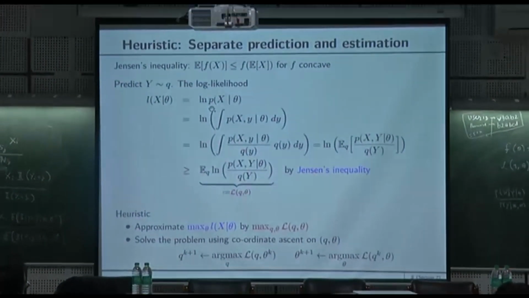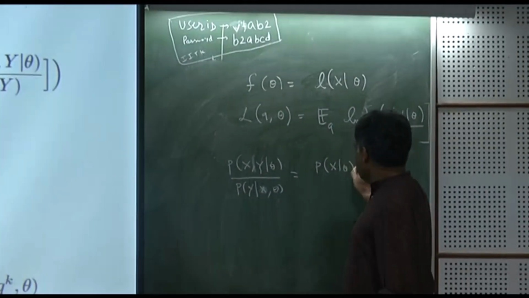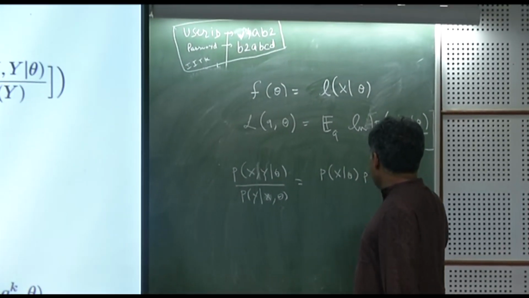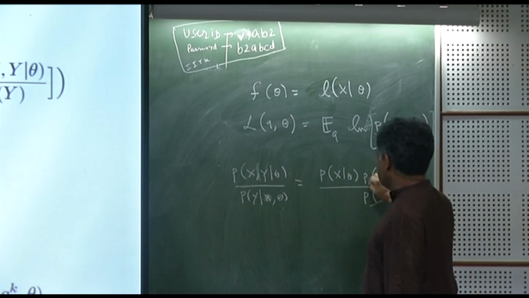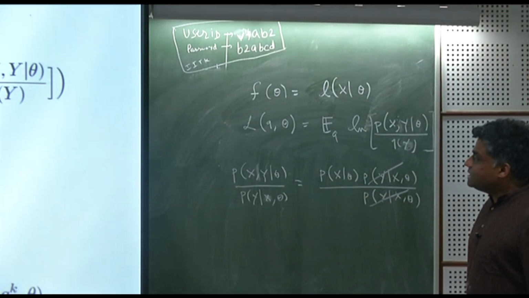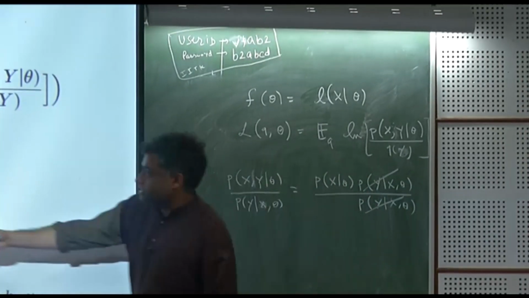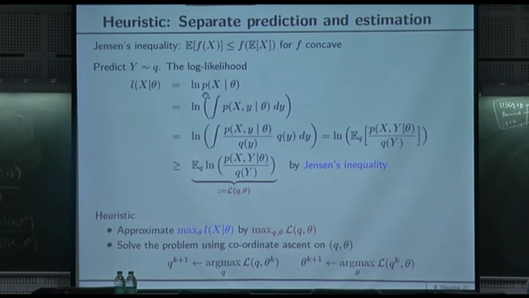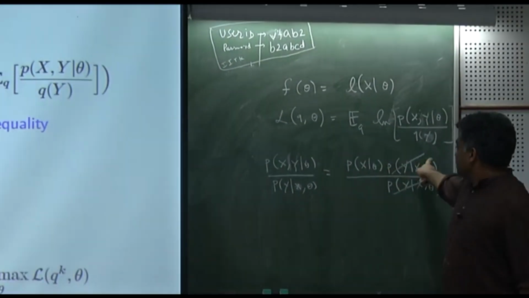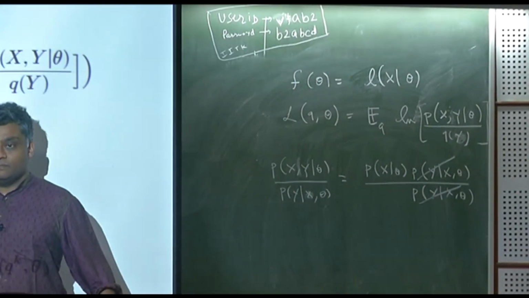So if I put that in the numerator, I can write that as probability of x given theta times probability of y given x, theta divided by the probability of y given x, theta. These cancel. Inside the bracket you get p of x given theta, because the other components just cancel out. So this ratio just becomes the probability of x given theta.